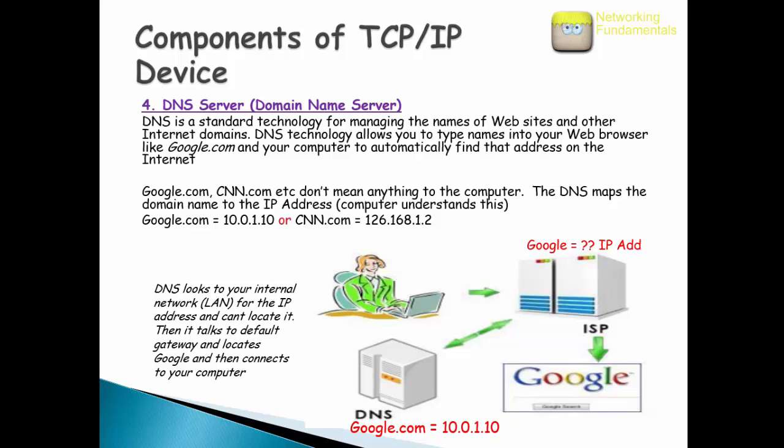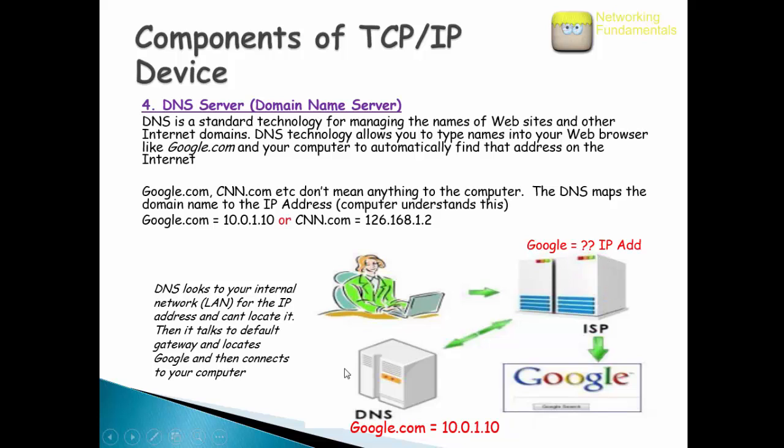So to recap, I'm at my computer and I type in google.com. So I'm typing this into my browser, google.com. The computer sees google.com, but the computer doesn't really understand what google.com is. Okay, so what it does is it has a DNS server in the network, and it says, I've got this request, google.com.